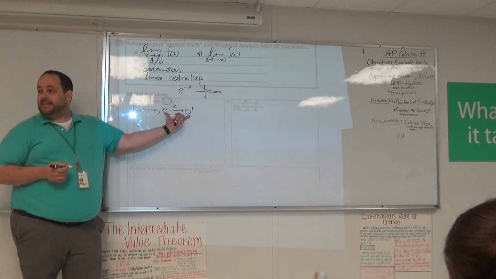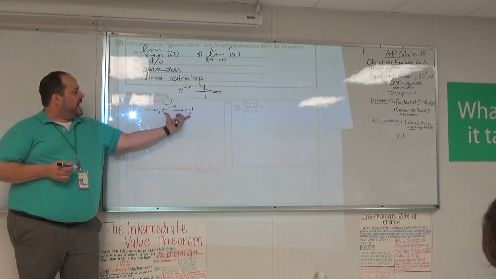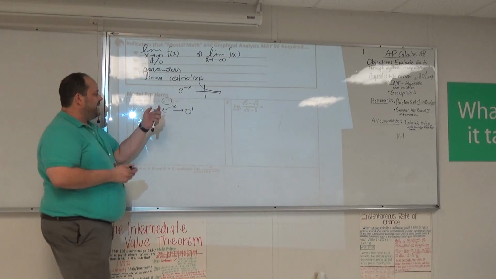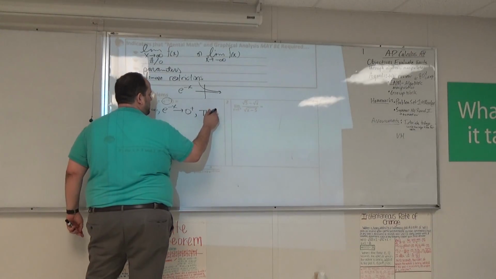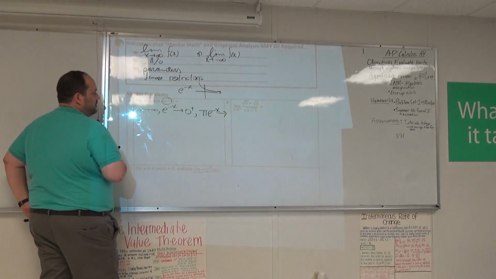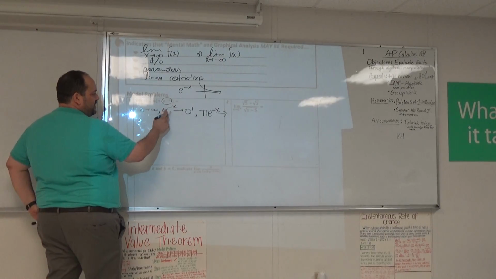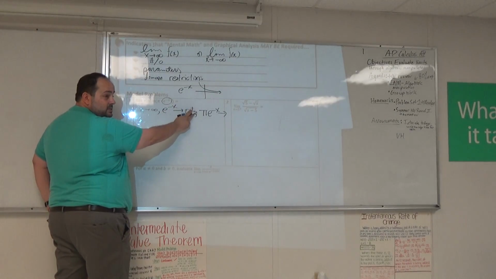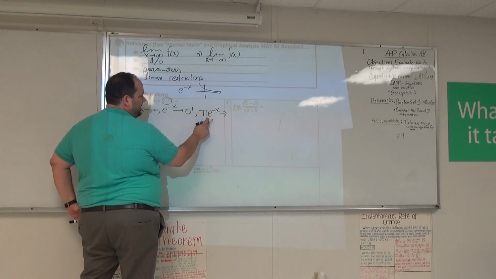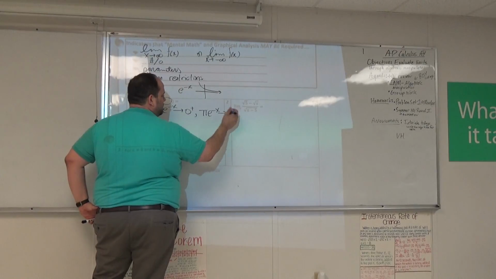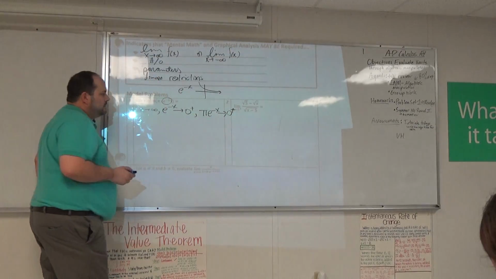Good. That's not the whole problem though. If this part is approaching 0, what about pi times e to the negative x? As x approaches infinity, e to the negative x approaches 0 from the right. Pi times e to the negative x has to then approach 0 from the right. So we're done?